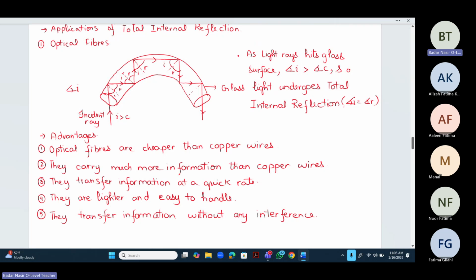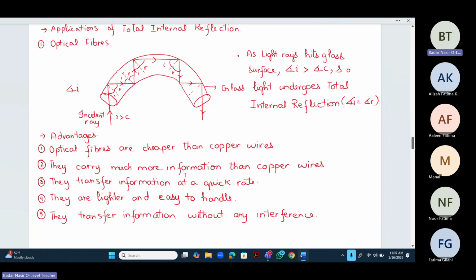And when it reaches the surface boundary between the glass and the air, what happens? The light gets reflected back into the same medium, and the angle of incidence and the angle of reflection are equal. So you have to keep this in mind, and the normal line is the line that is perpendicular to your surface.